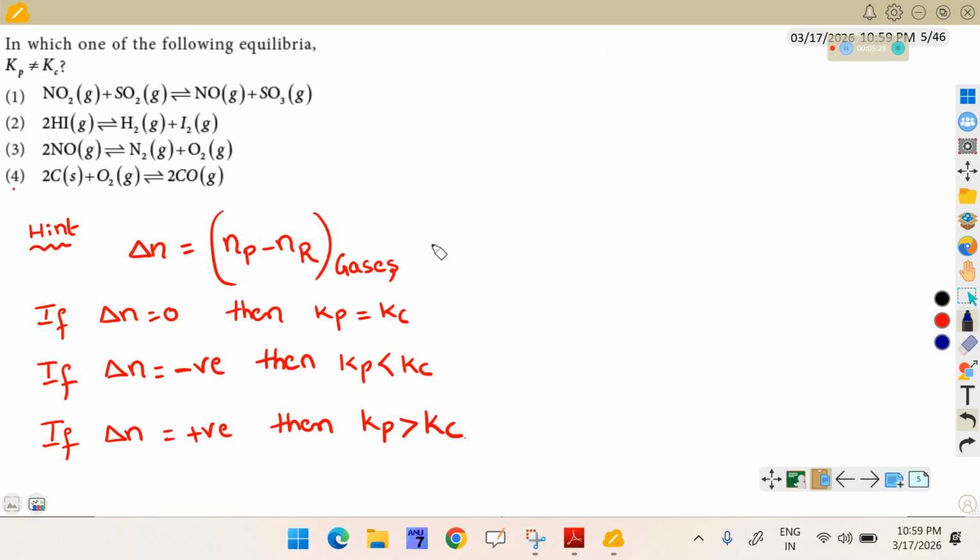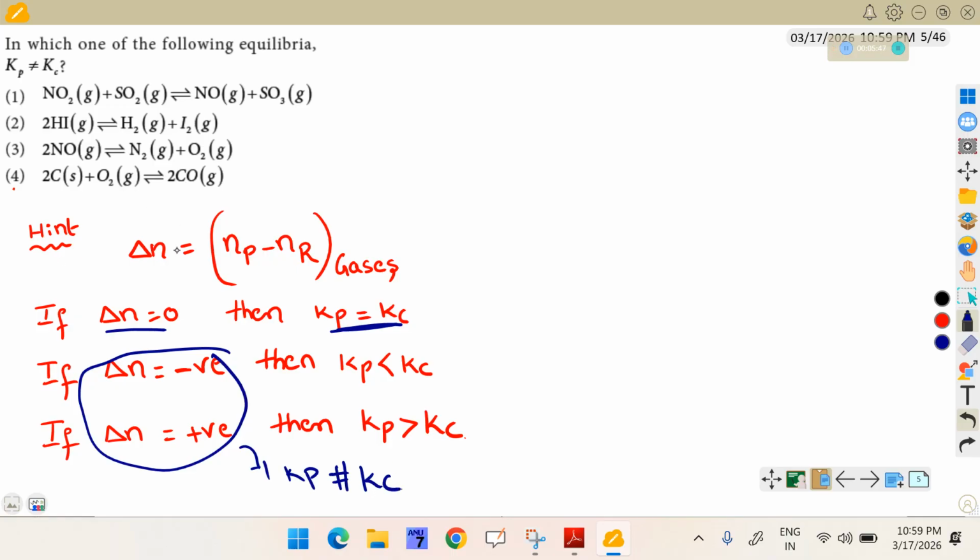The next question is, in which of the following equilibria Kp not equal to Kc? If delta n is equal to 0, Kp is equal to Kc. If delta n is negative or positive, then the value of Kp is not equal to Kc. How to calculate delta n?